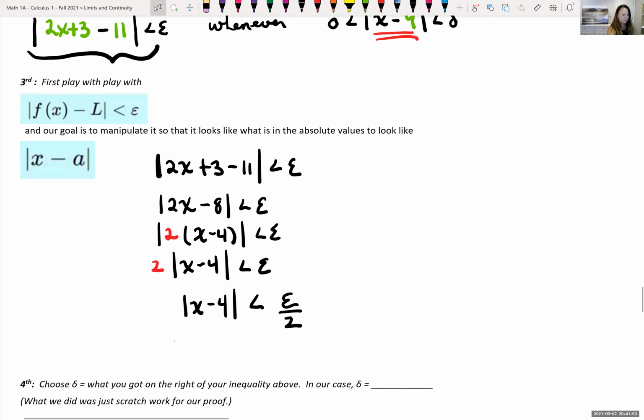So once you've manipulated it to be what we wanted, which we did, we're going to choose delta to be what we had gotten on the right-hand side of our inequality above. So in our case, our delta, we're going to choose to be epsilon divided by 2.